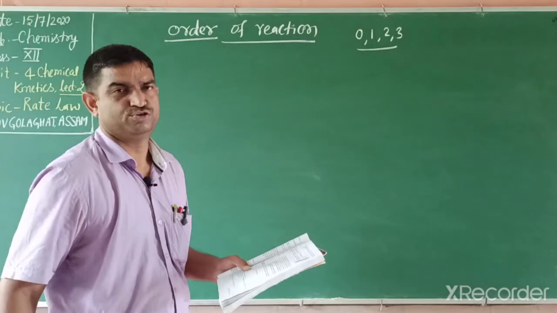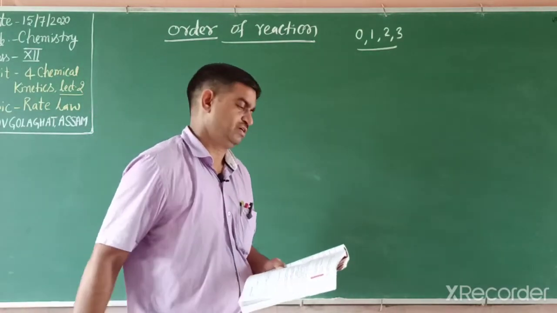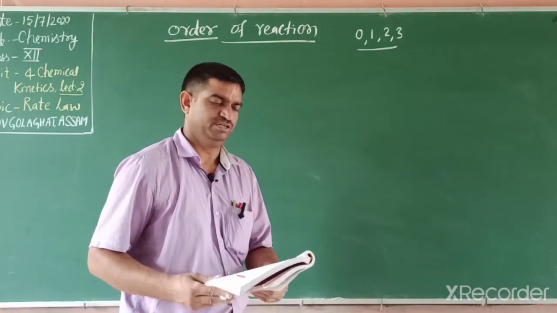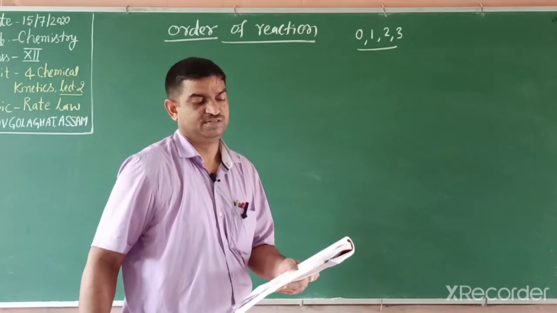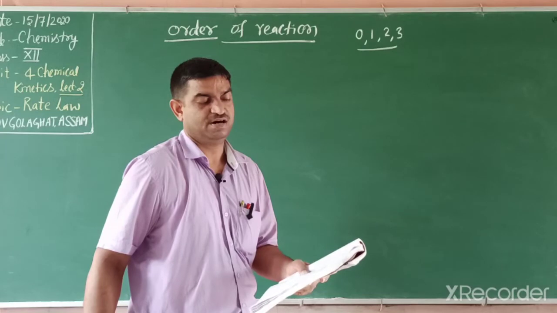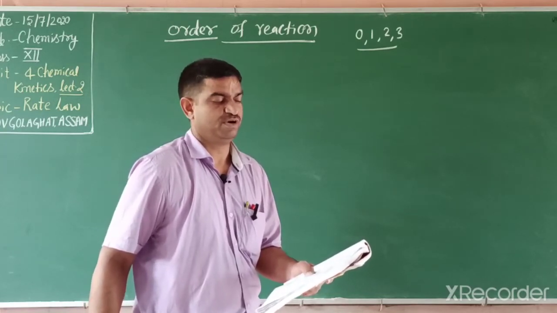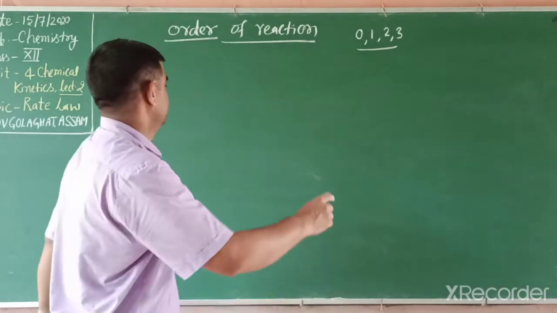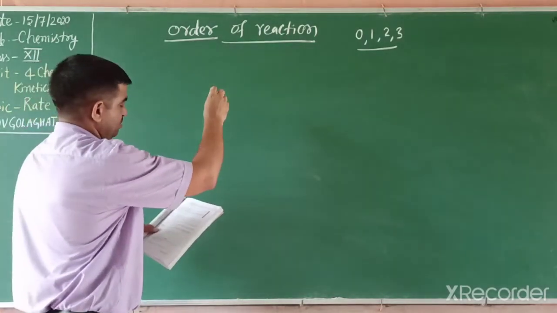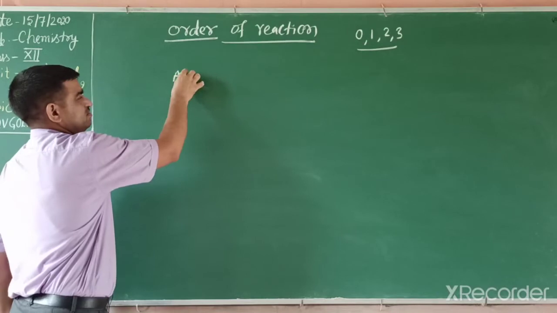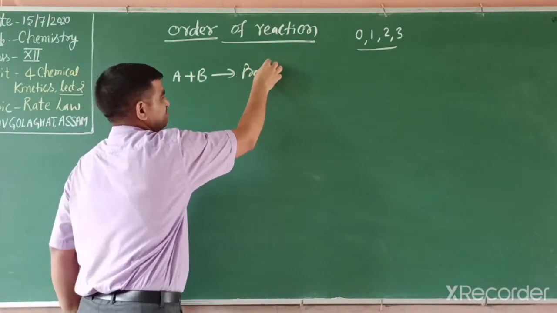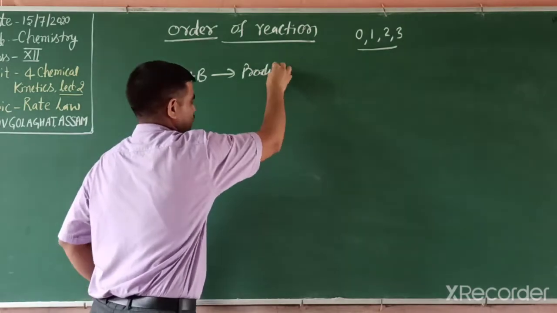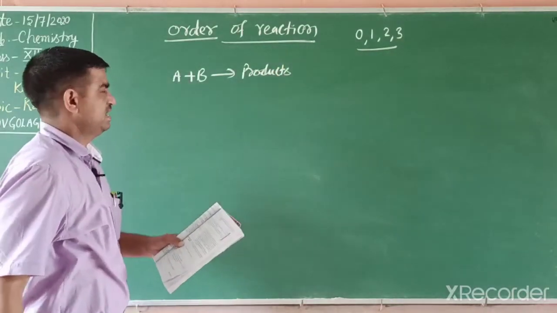Students, we will solve a numerical given in your NCERT book in the text questions. For a reaction A plus B change into product, the rate law is given: R is equal to K, A power 1 by 2, B power 2. What is the order of reaction? A question is given and the rate law is given.